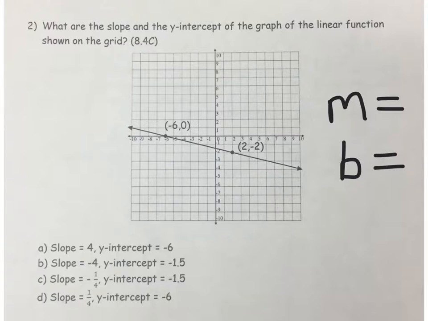Is it B? Slope is negative 4. The y-intercept is negative 1.5. Is it C? The slope is negative 1.4 and the y-intercept is negative 1.5. Or D? Slope is 1 over 4 and the y-intercept is negative 6.